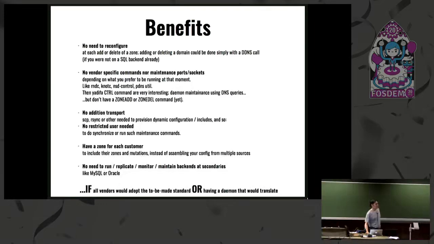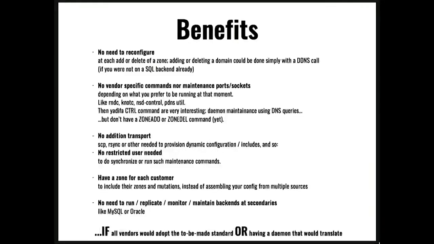And you don't need additional support, which usually uses rsync or SCP or whatever you use to have your configuration provisioned. Plus, let's say you serve DNS for multiple registries. Then you can have a catalog zone for each of your customers, and they can maintain that catalog zone, and then your secondaries will add and delete domain names in those daemons.